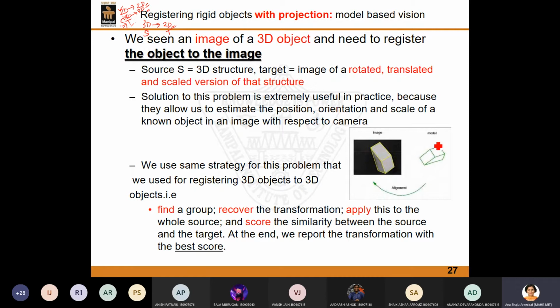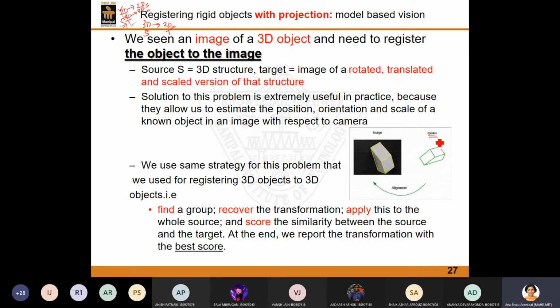For example, you can just consider this image which is shown over here. Let us say this is the particular model, or model basically means this is a particular 3D object that we are considering.